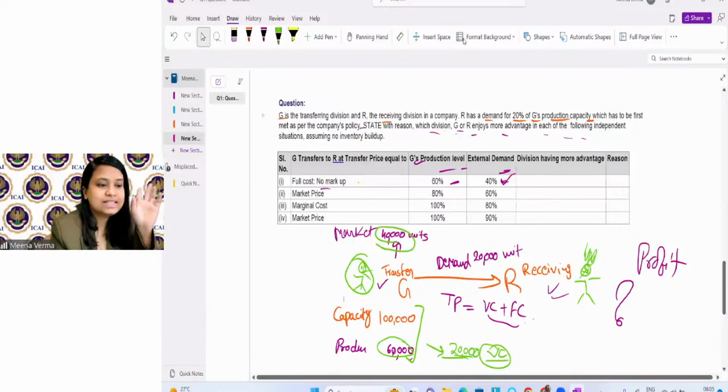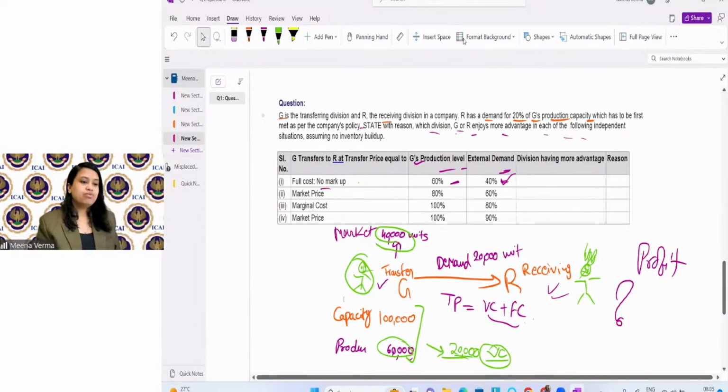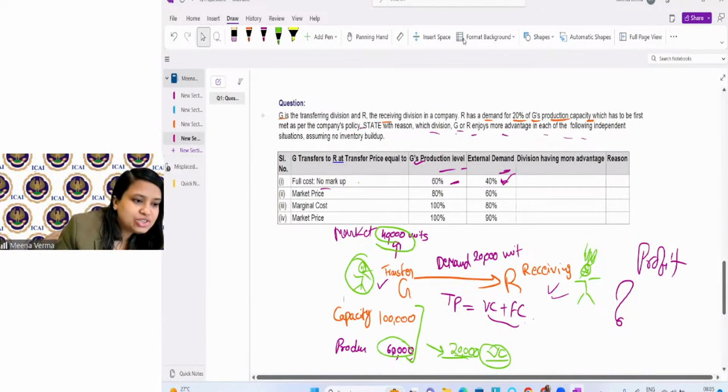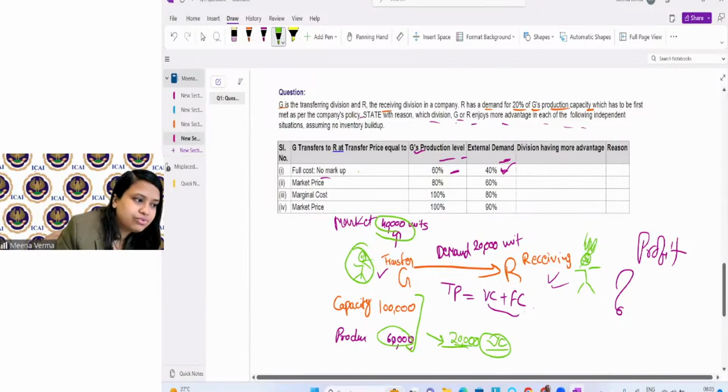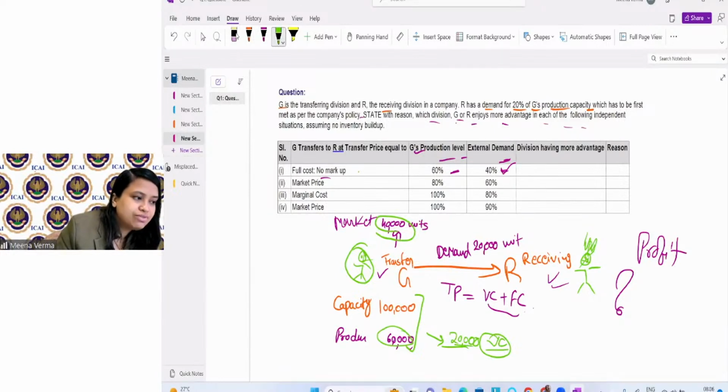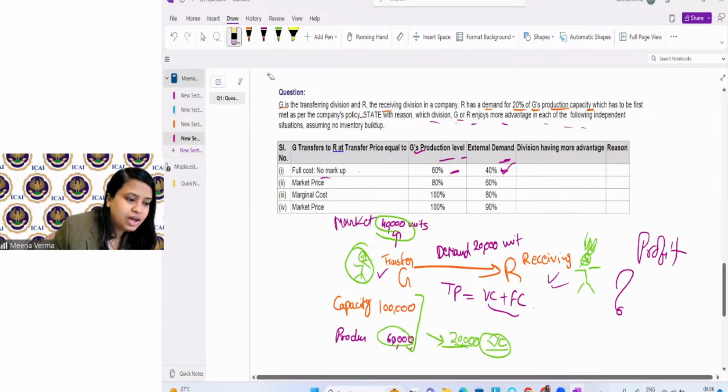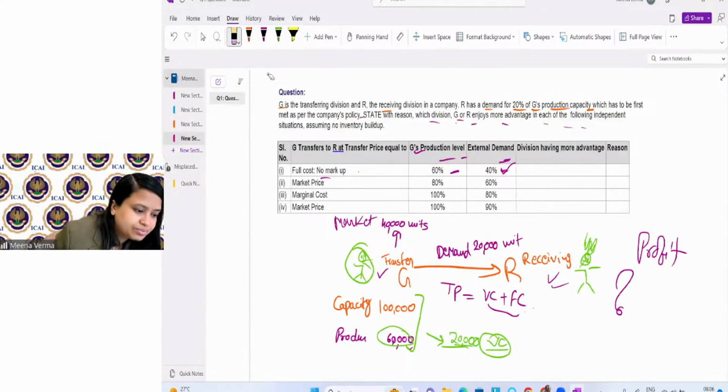Let's see the second scenario now. What is the second scenario? Let me change it. Here, you can see the manager of G will enjoy more. Very nice. Okay, changing the scenario.